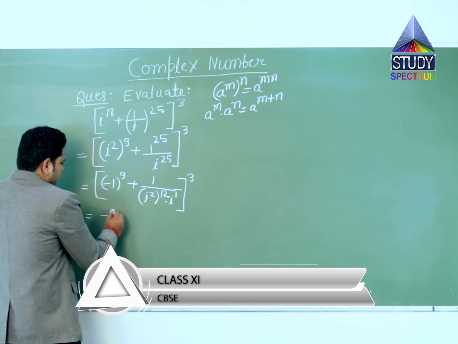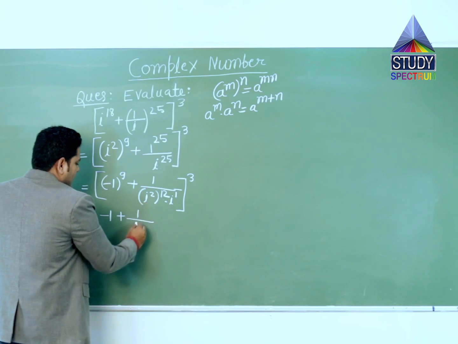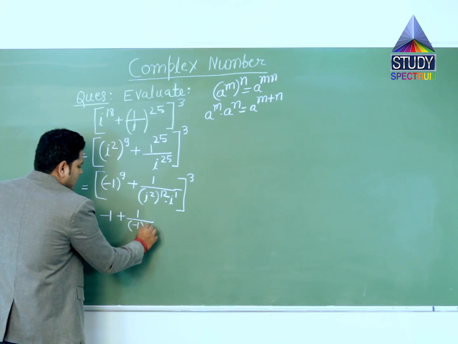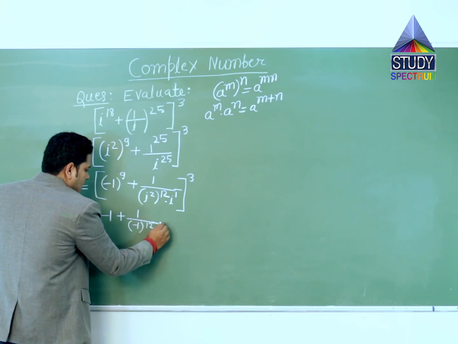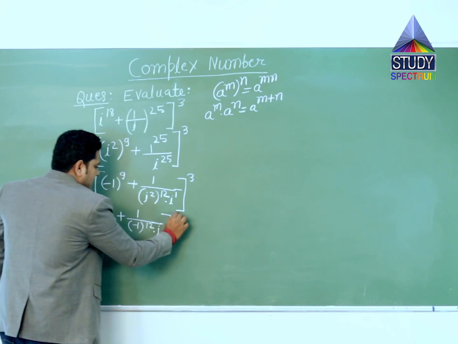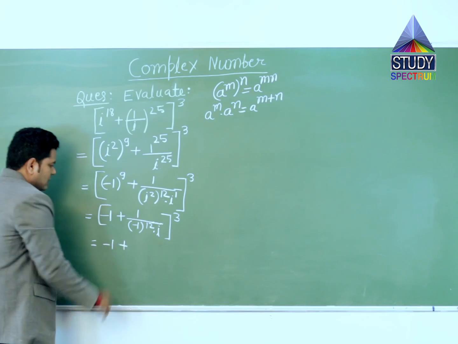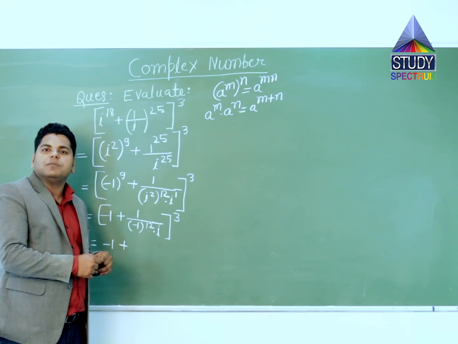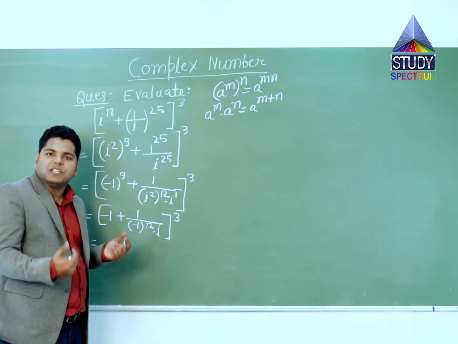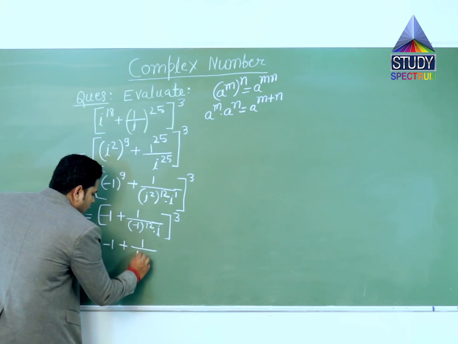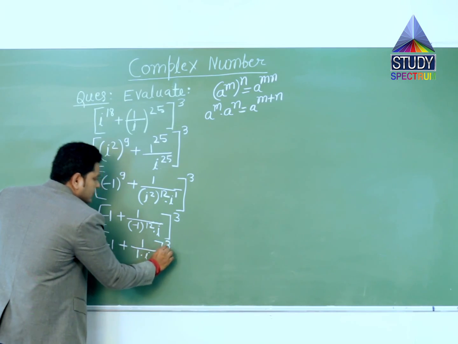So we'll write minus 1 plus 1 by i square is minus 1 whole power 12 into i to the power 1 is i, whole power 3. Okay, so we can write minus 1 plus minus 1 to the power 12, and 12 is an even number, so minus 1 to the power even number is plus 1. So we can write 1 into i, and we have whole power 3.